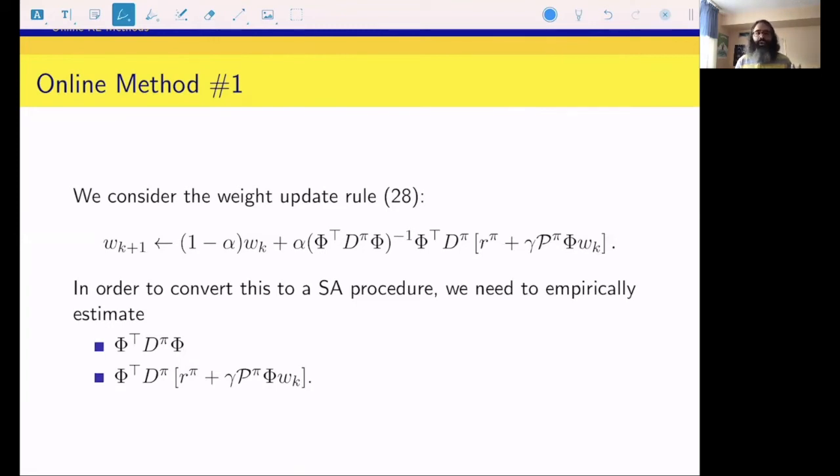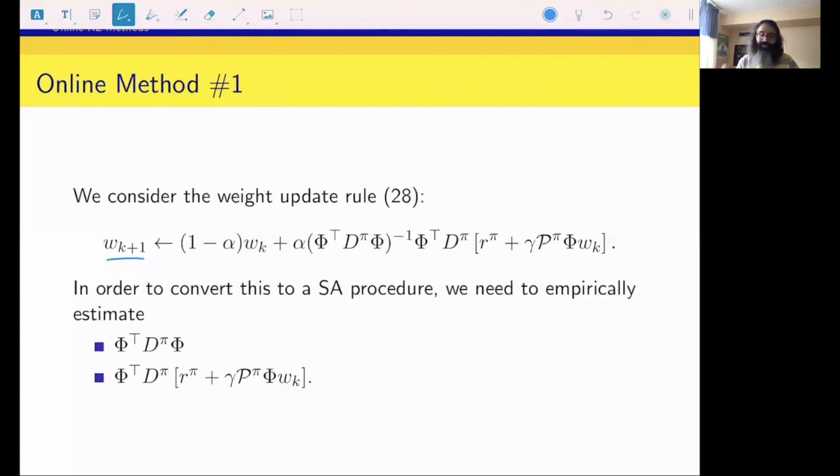Now I want to convert them to sample-based ones. We designed them to be similar to a stochastic approximation method, even though there was nothing stochastic in those forms. So one of the methods was this. We had this update rule, I'm just copying, w_{k+1}, so this is linear function approximation.